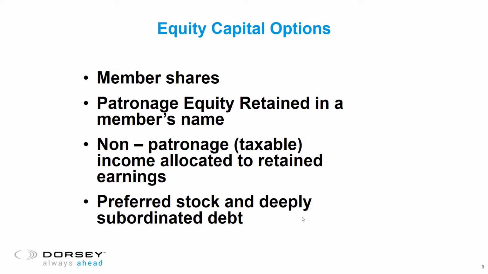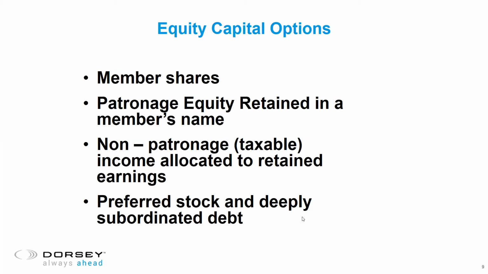It takes a long while to build up equity in a balance sheet, retaining earnings in the name of a member. Most of the agriculture co-ops and electric co-ops that have this kind of a system have been around for a long, long time. So they've been able to build up a lot of member equity. But you have to have financing from some source in order to be able to put in capital and build the infrastructure that you need to operate a business.